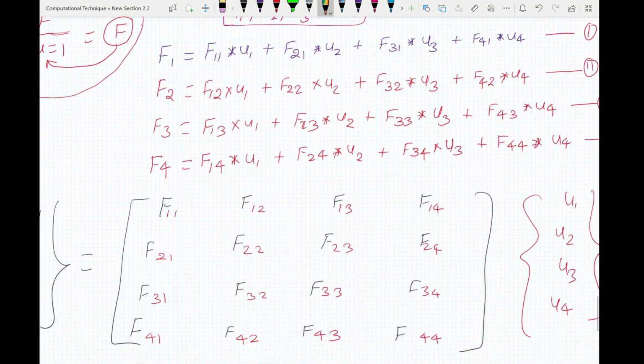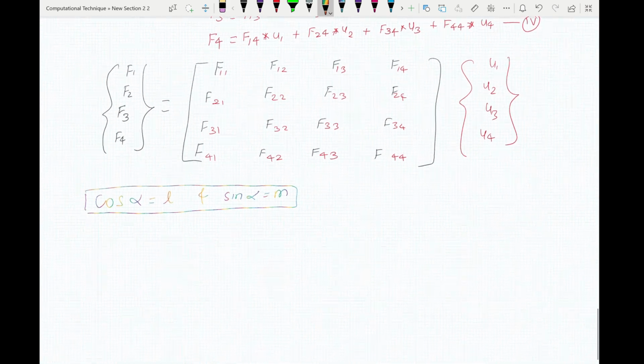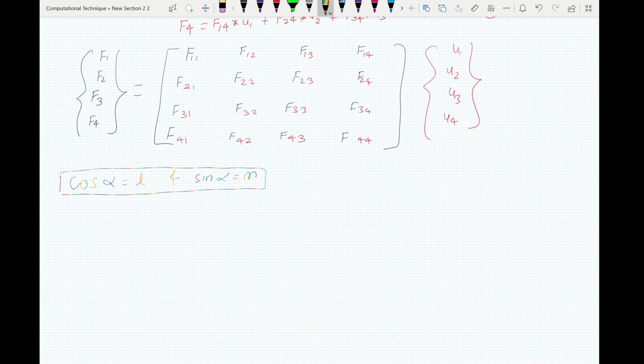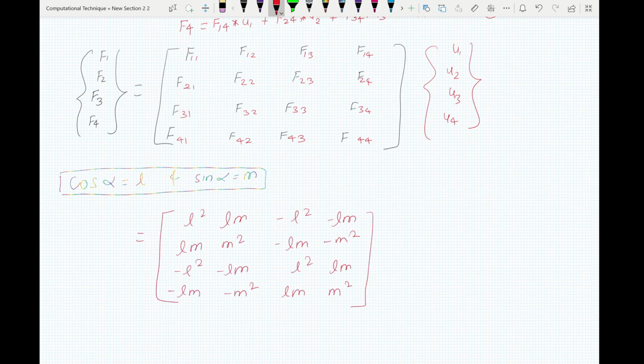Therefore you can write those values here. Now we have a common factor here, which is AE by L, times u1, u2, u3, u4, and we have our forces F1, F2, F3 and F4.